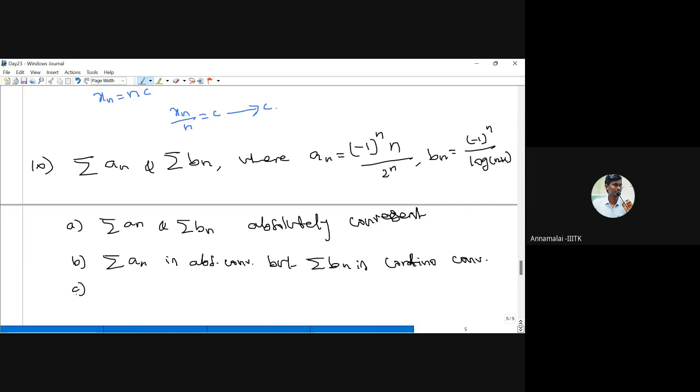Third option: an is conditionally convergent, but bn is absolutely convergent.